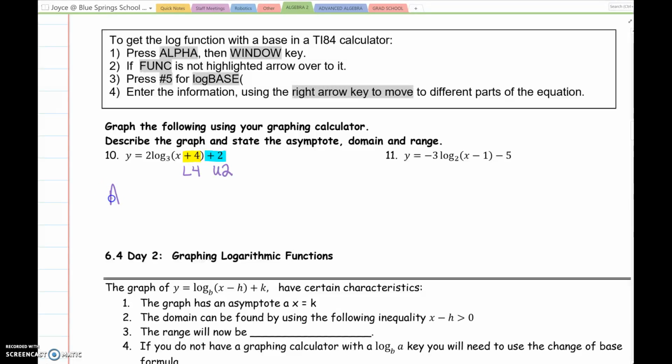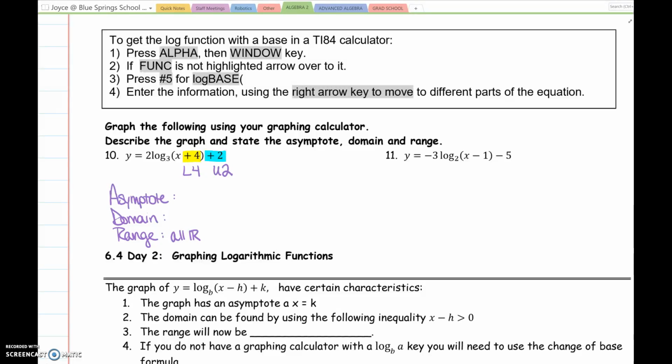Then it will ask you for the asymptote, the domain, and the range. Which one do we know is always going to be the same no matter what? Range, all real numbers. Could we find the asymptote and the domain right now without putting this into our graph?